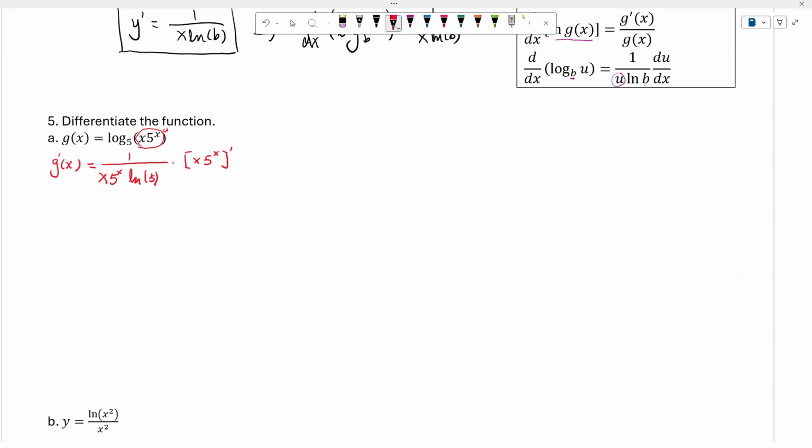Now, if you remember, we need to apply the product rule here. So I will have 1 over x times 5 to the x natural log of 5, and now I'm going to take the derivative. I will have the derivative of x times 5 to the x, plus x times the derivative of 5 to the x.